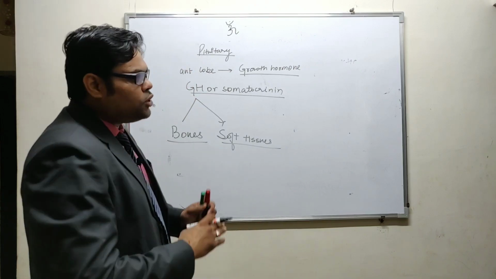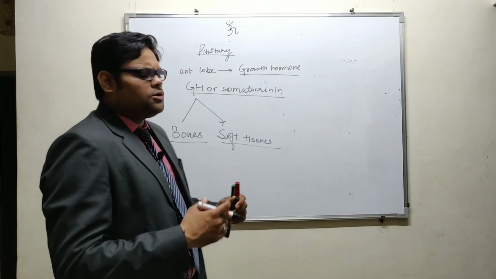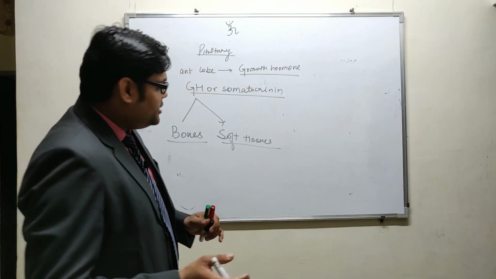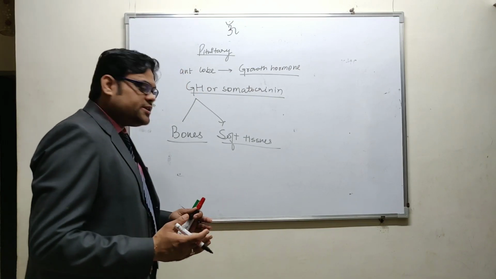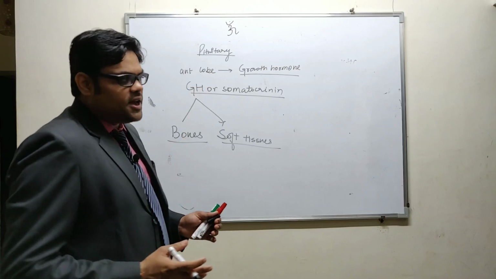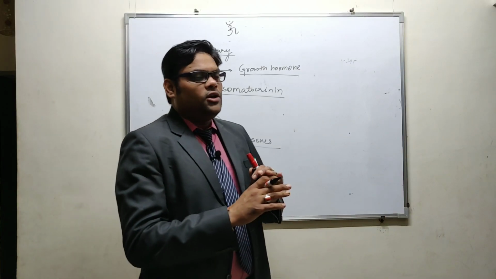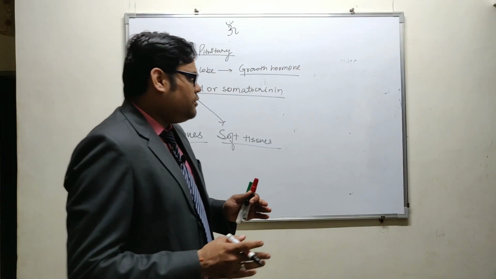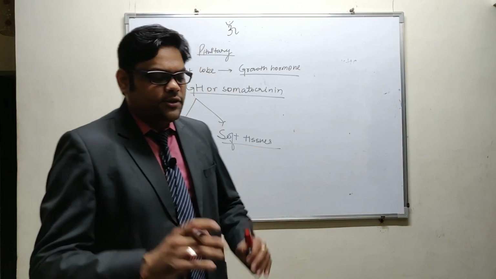So overall, the soft tissues, which include skin, connective tissues, muscles, ligaments and tendons, increase their size. Bones increase their size. In gross total, the skeletal framework of the person increases.